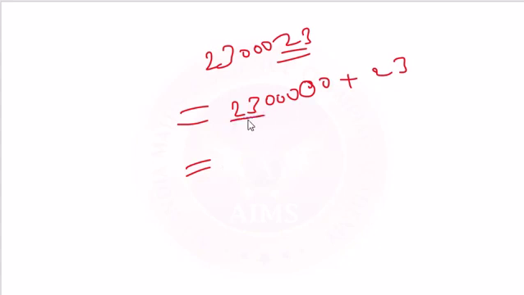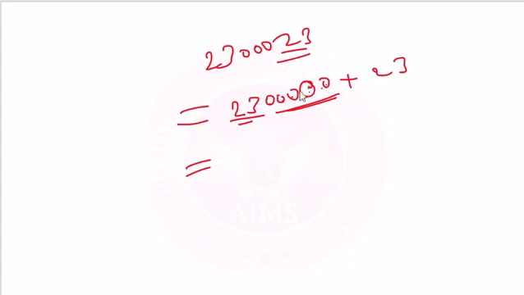This number can be written as 23 000 00 plus 23. After 23 there are 1, 2, 3, 4, 5 zeros.